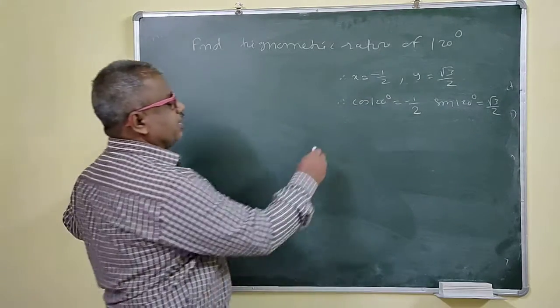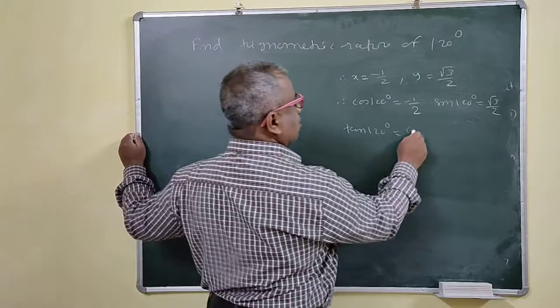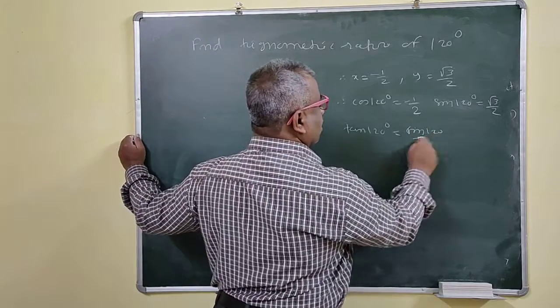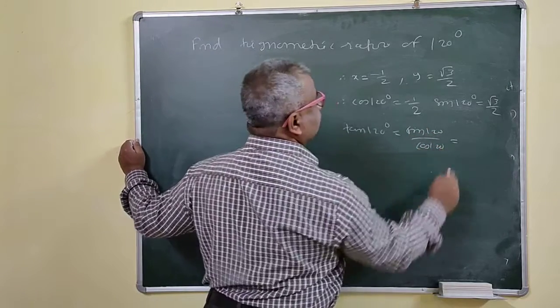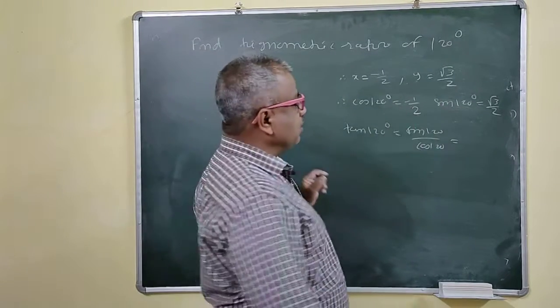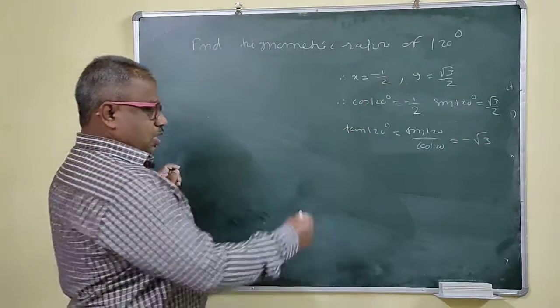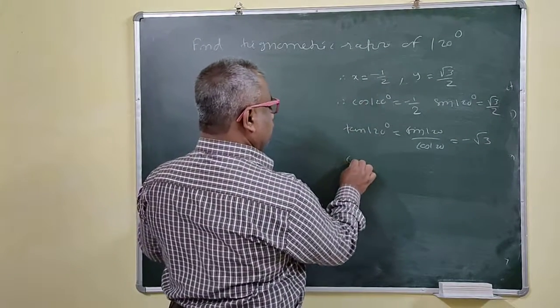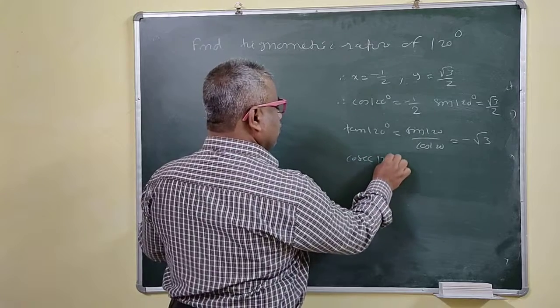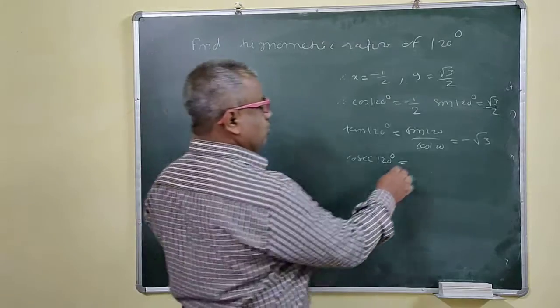Now tan 120 degree is sin 120 degree upon cos 120 degree. So sin 120 degree is √3/2, and this is -1/2, so this is -√3, right? Then cosec 120 degree is reciprocal of sin 120 degree, so this is 2/√3.